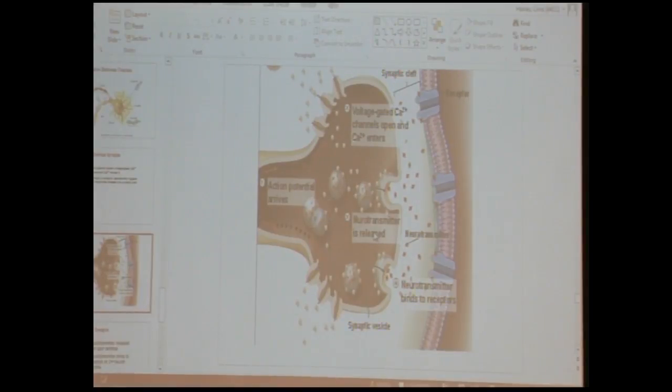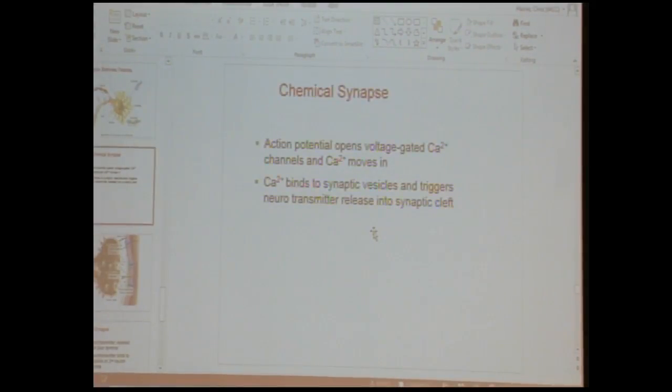So once a certain amount of positive ions move down and come into the terminal, it opens the calcium channels at the end. You don't have these channels like in the axon. You only have them in the terminal there. Yeah, and I think the slide before has it described too.